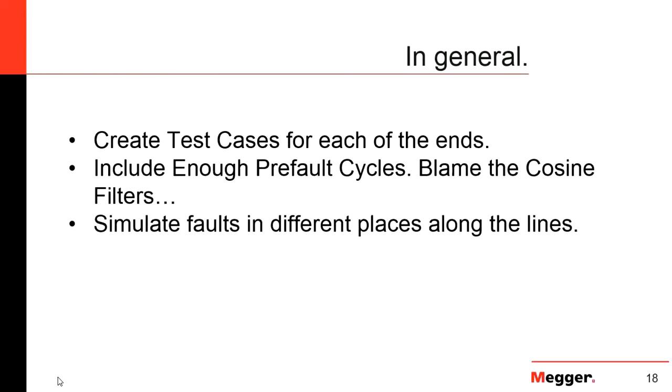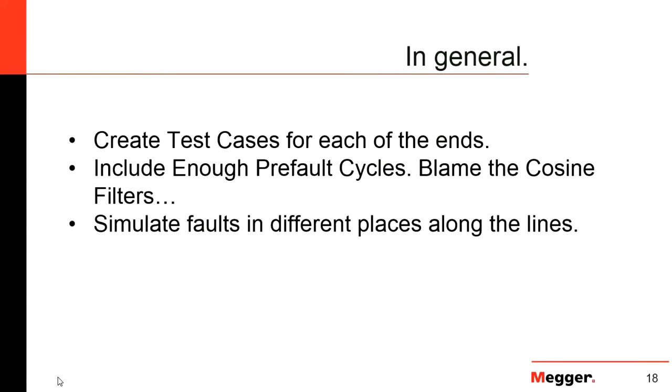In general, when you're doing end-to-end testing, you need to create test cases for each of the ends. Why do I say create test cases for each of the ends? Well, that's simple. You cannot go with the same test case for one end and the same test case for the other, because even the same fault is seen on both ends differently.